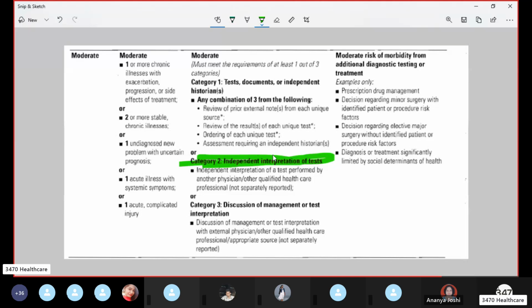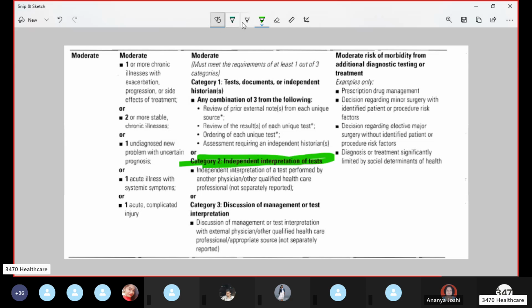He looked at the film independently and writes the summary of what he is seeing, such as the EKG independently interpreted by me, showing normal sinus rhythm; CT interpreted by me, showing no acute process. Like that, the provider gives his own interpretation after seeing the film. That is category 2, independently interpreted.